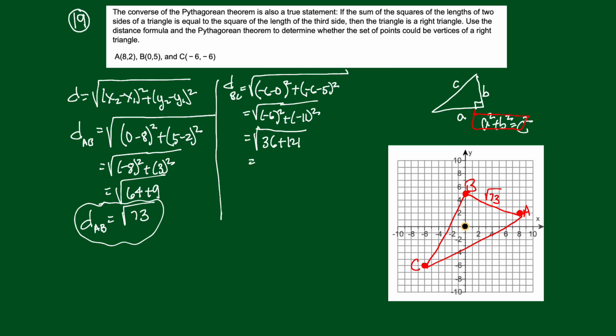All right, so this turns out to be the square root of, what do we get here? 157. All right, so that's the distance between B and C. All right, so let me note it over here. B and C, this is going to be the square root of 157.